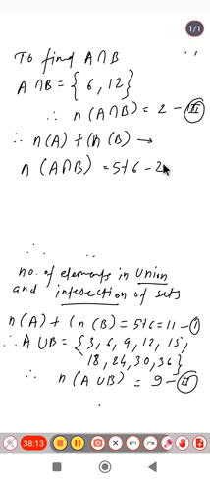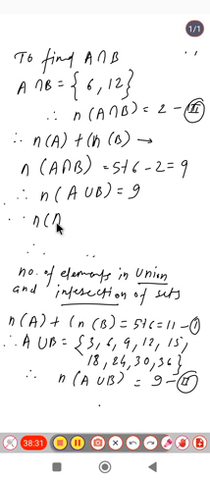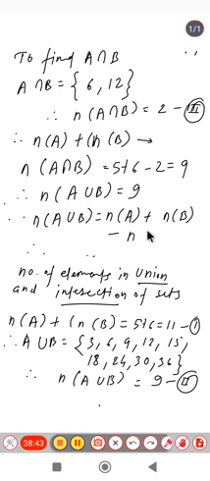So we got the answer, it should be 9. Therefore n of A union B also equals 9. Understand? So therefore we can say that n(A union B) equals n(A) plus n(B) minus n(A intersection B). Understand?